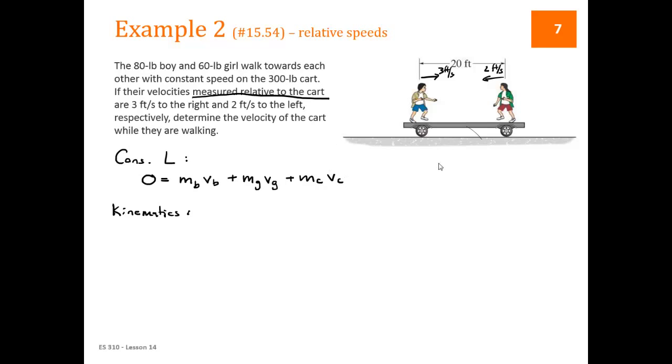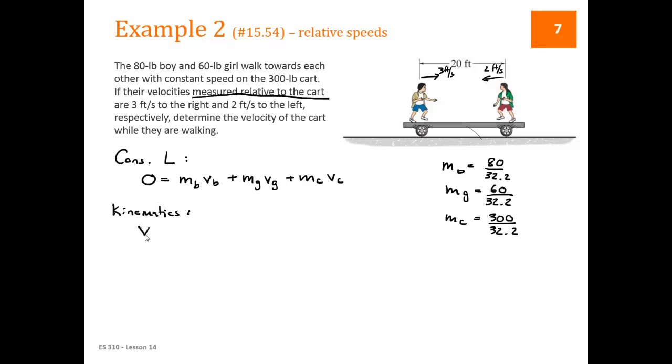We know all the masses. The mass of the boy is 80 divided by 32.2, the mass of the girl is 60 divided by 32.2, and the mass of the cart is 300 divided by 32.2. Now, kinematics: back to these relative velocities.